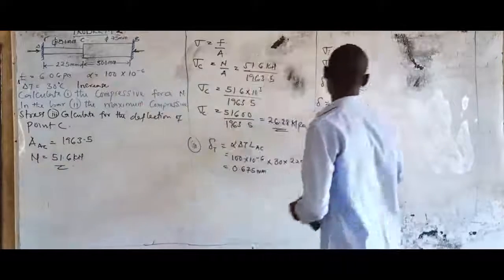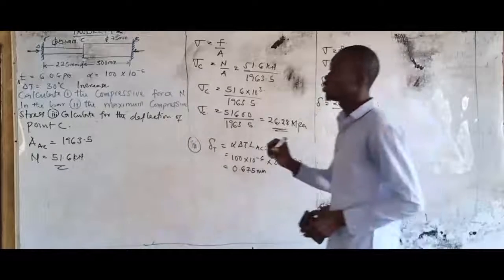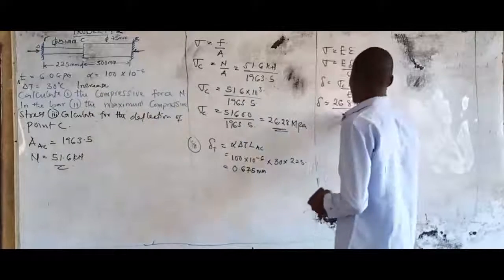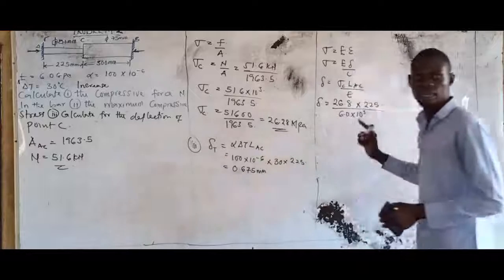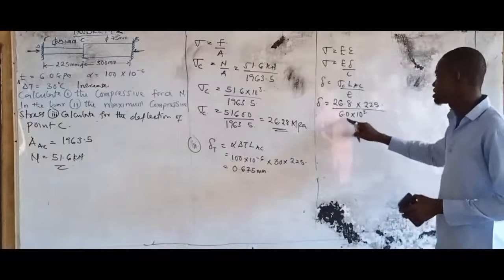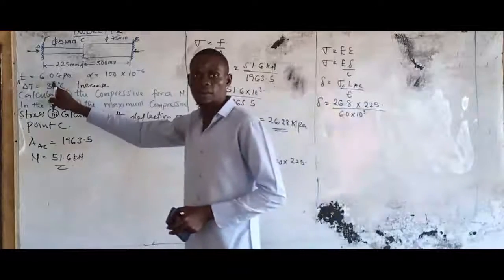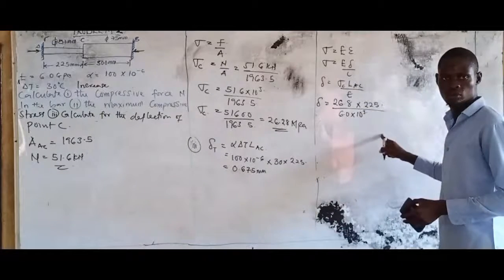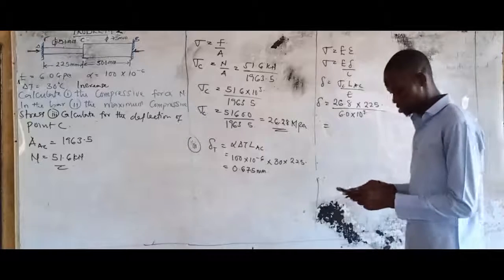Length AC is 225. Everything all over 6.0 times 10 raised to the power 3. Please don't forget, in my previous video, I explained the reason why this is 6.0. Why? This is given to us in gigapascal, but we have to solve in megapascal.